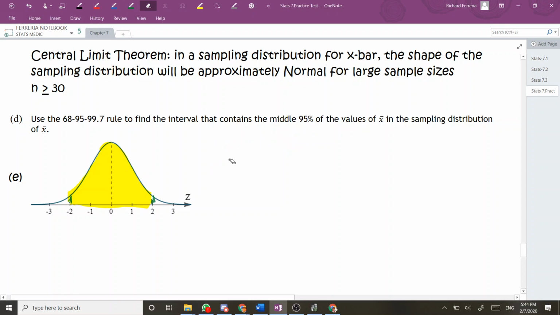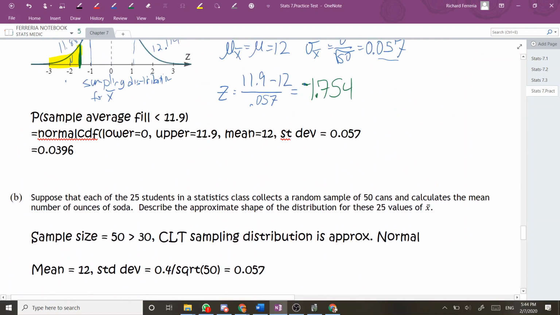So in our sampling distribution, it was 0.057.